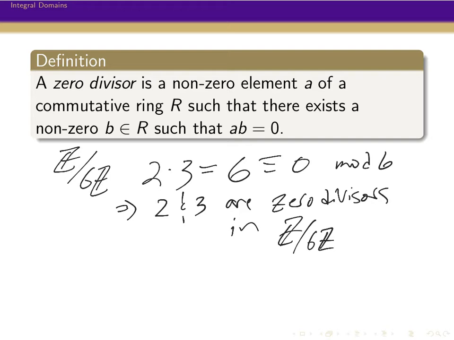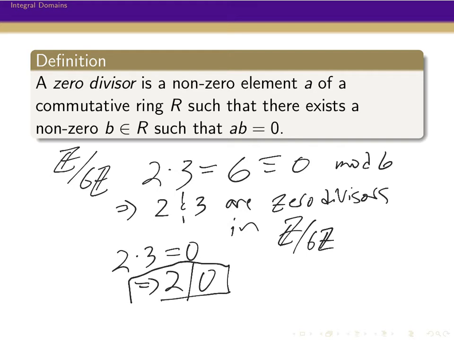The name zero divisor literally means that for 2, I have found some other element of the ring, 3, to multiply it by to give me 0. We have shown that in this ring, 2 divides 0. The name means exactly what you think it does: you found something non-zero that divides it.